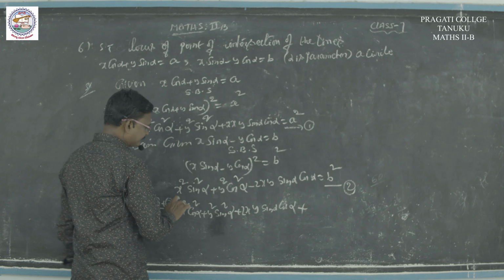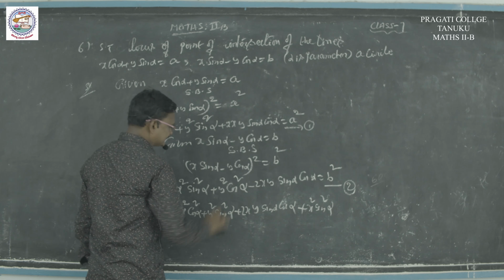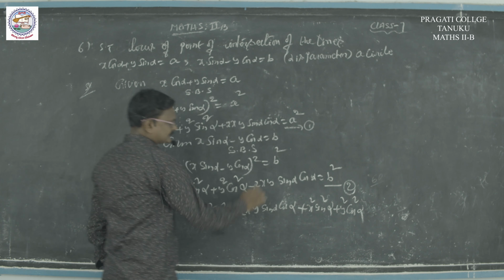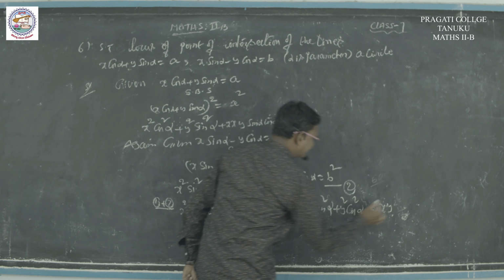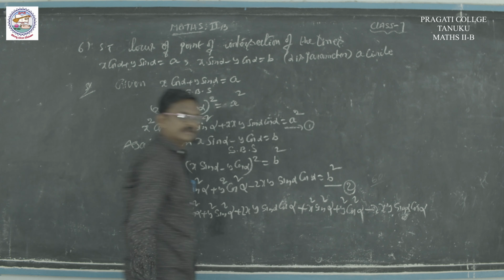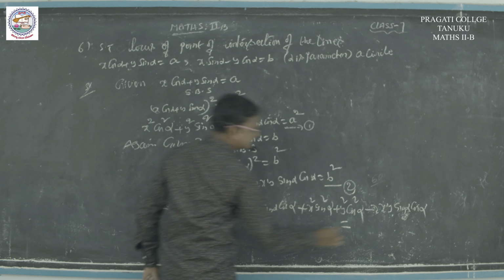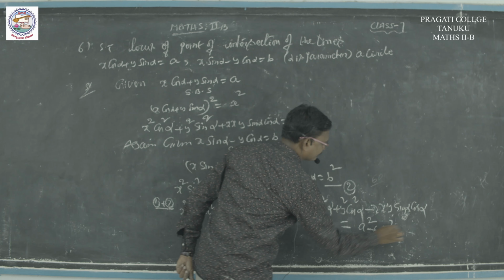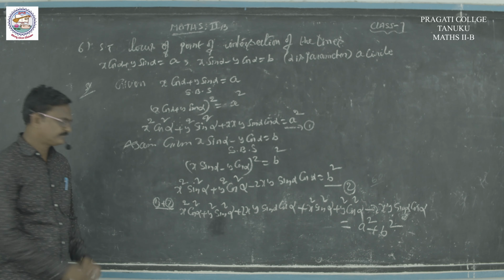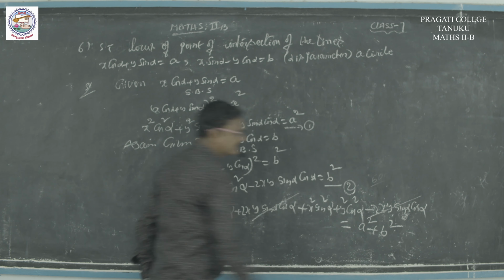Plus the second equation, x square sin square alpha plus y square cos square alpha minus 2xy sin alpha cos alpha. This everything is only the LHS. Now the RHS is a square plus the second one, b square. Now some terms will be cancelled here. Those are 2xy sin alpha cos alpha and minus 2xy sin alpha cos alpha.